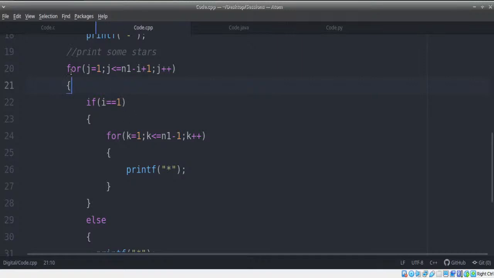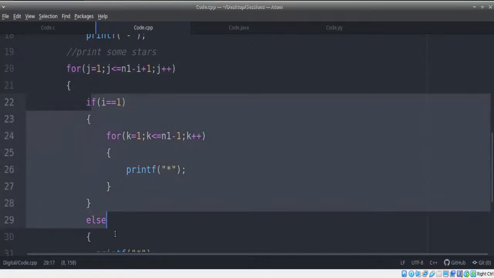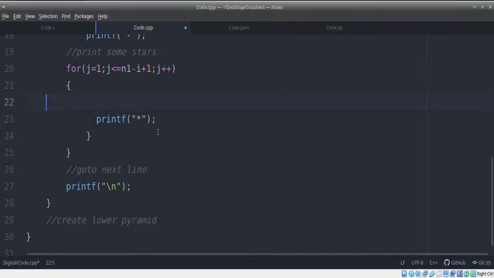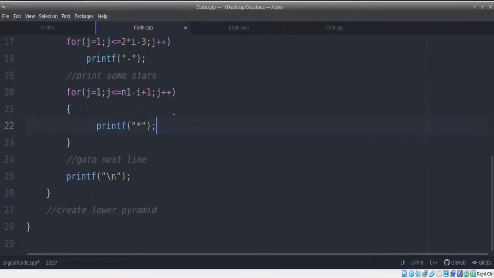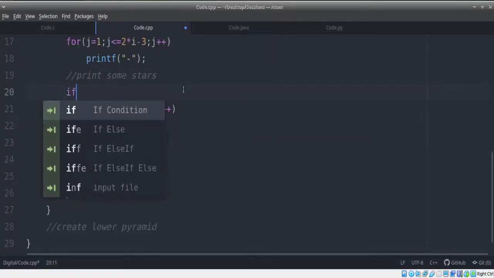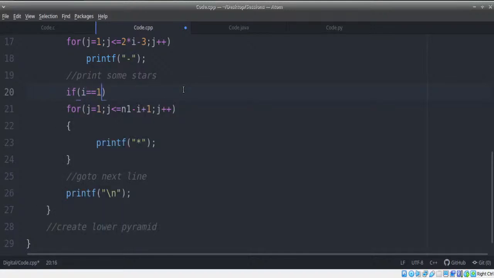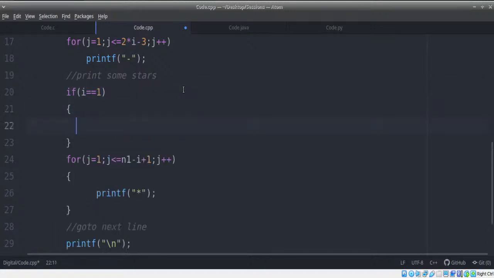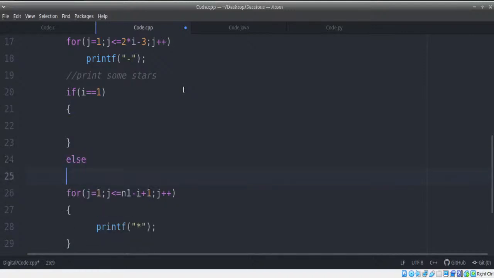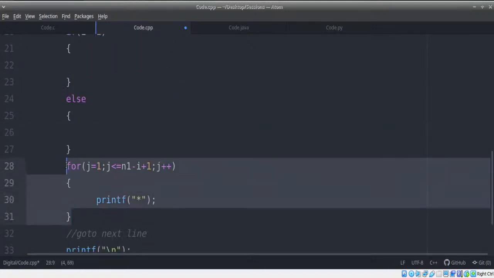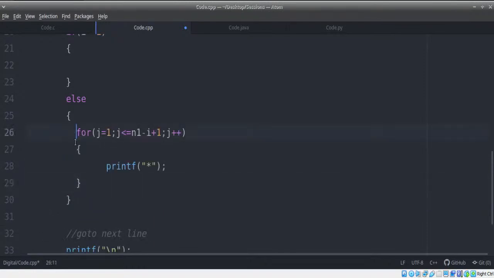There's a simple logic to avoid the condition. The logic goes like this. Here you have to state: if line is 1, if you're in the first line, do something; else, do something else. If you're in the first line, do your logic as n1 minus 1 spaces.